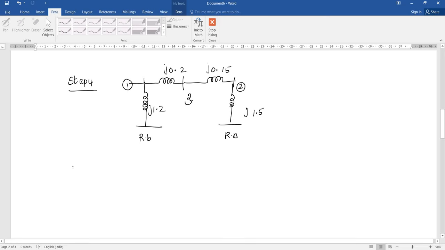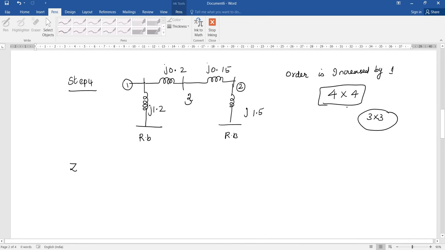So what is the matrix? Here also the order of the matrix is increased by 1. Now we get a 4 cross 4 matrix, but our matrix order should be 3 cross 3 only.